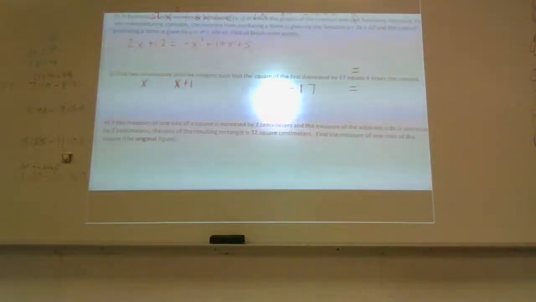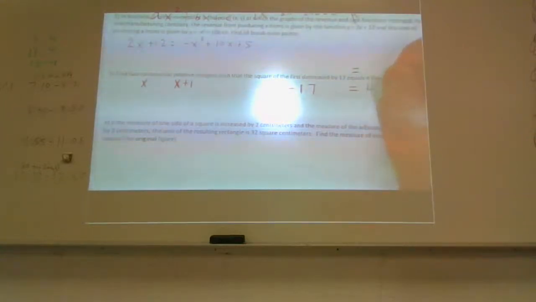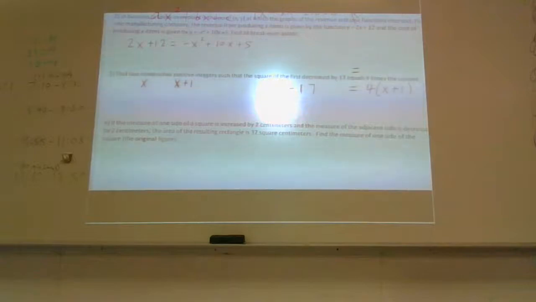Just taking a word problem and putting it into a literal equation. That's how I would set this problem up. That is the pure setup to this problem.